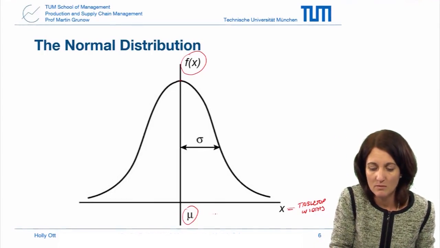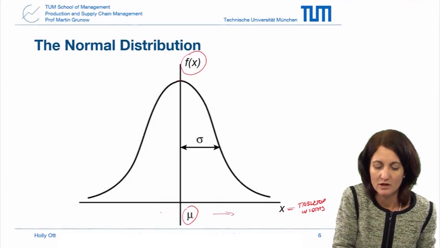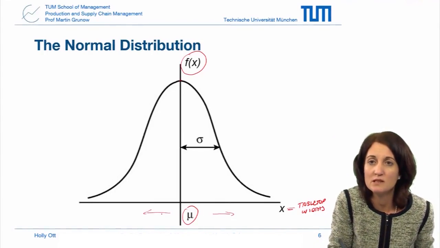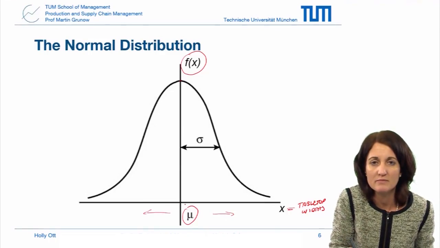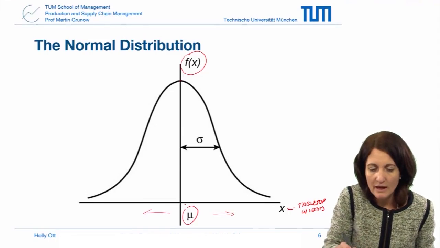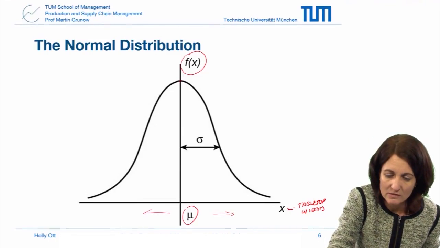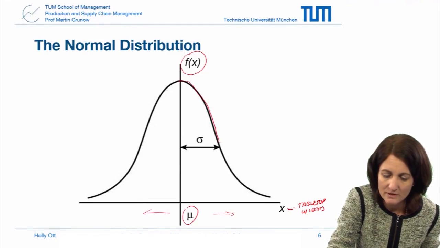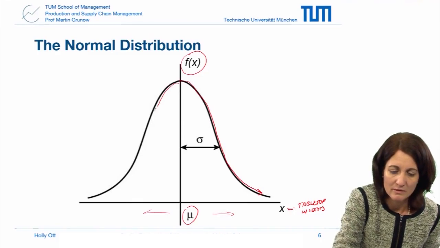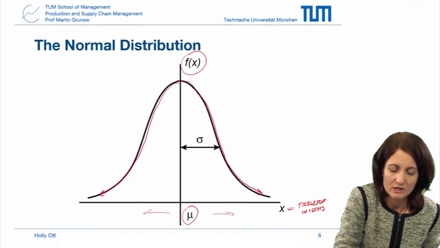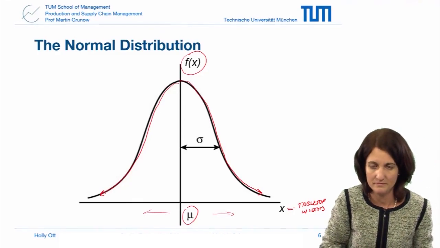Now, some will be larger and some will be smaller, but most will be centered around the mean. And as we get larger and smaller, we see that our probability will drop, going from a high value around the mean to a small value.